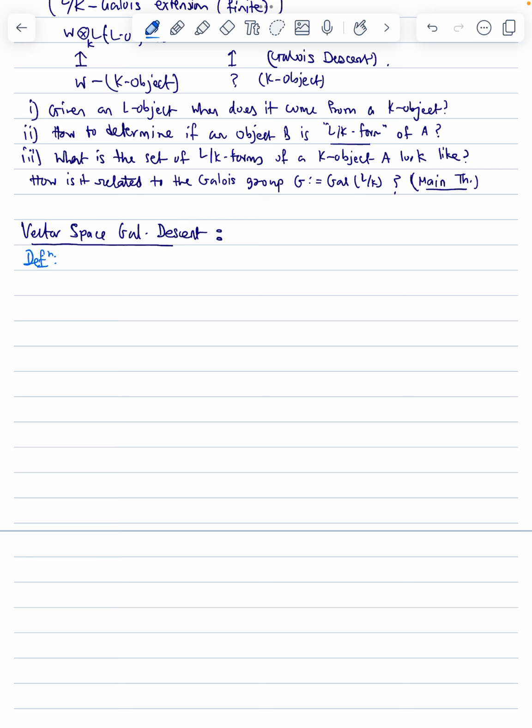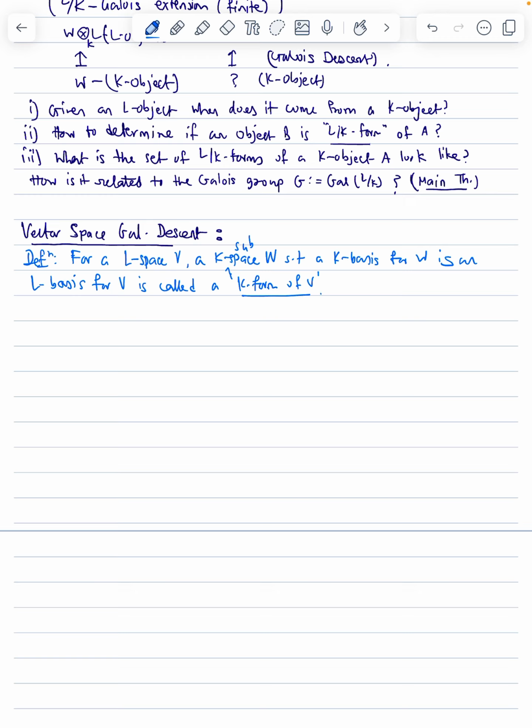Definition. Suppose you have an L space V. A K subspace W such that a K basis for W is an L basis for V is called a K form of V. That means your V is a vector space over the bigger field, and you are taking a subspace W over the smaller field, and that subspace will have some K basis.